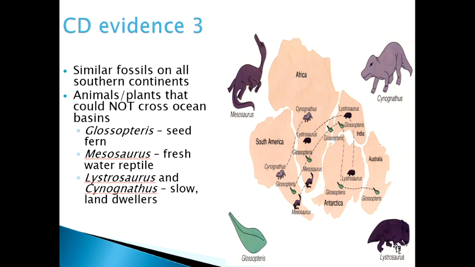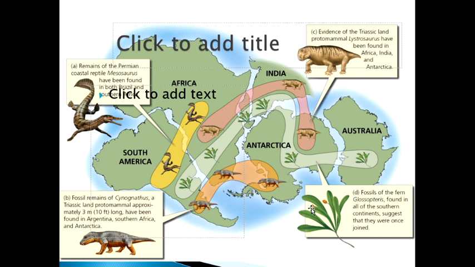It's pretty clear that they were just slow-moving, herding animals, large ones. Again, it's hard to imagine them crossing ocean basins. A prettier picture of essentially the same thing, a much more colorful, descriptive pattern of the same data that he saw before.